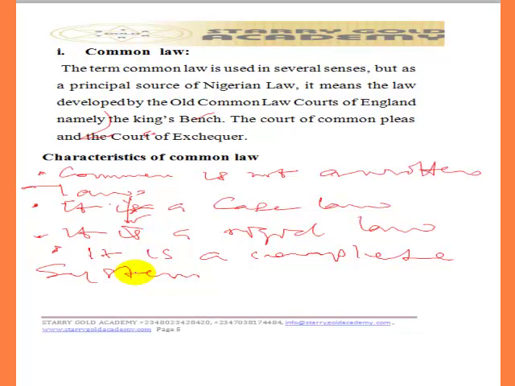So it covers all areas of issues. So in England, all matters. It is the law that is having answers to so many questions of life. So that is why it is regarded as a complete system. So these are the characteristics of common law.